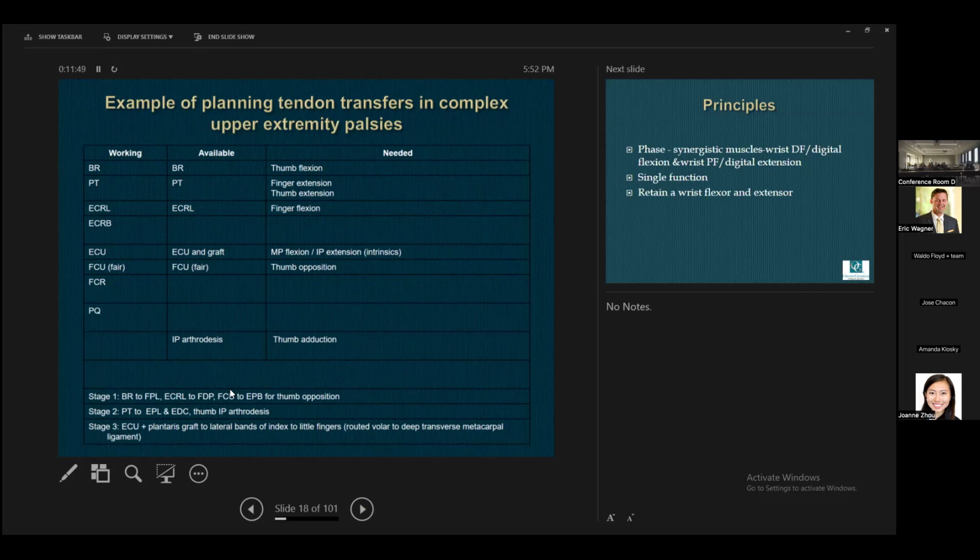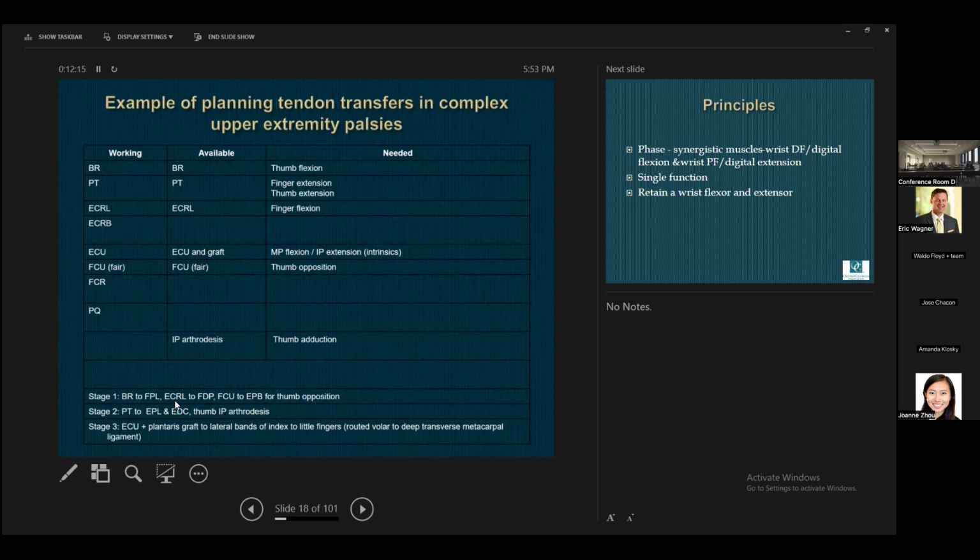And stage 1 would be brachioradialis to flexor pollicis longus, extensor carpi radialis to the FDP, and EPB for thumb opposition. We'll talk about that transfer later, FCU to EPB. And then all of these are immobilized with the wrist in flexion.